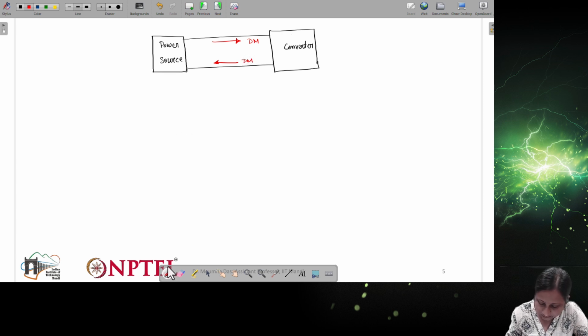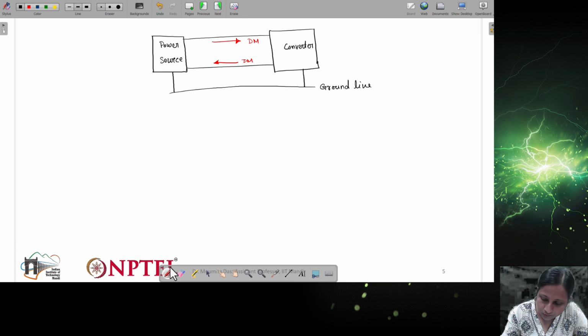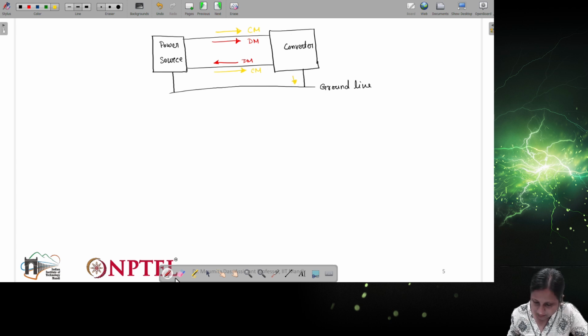And with respect to the ground line, the common mode path will be like this.